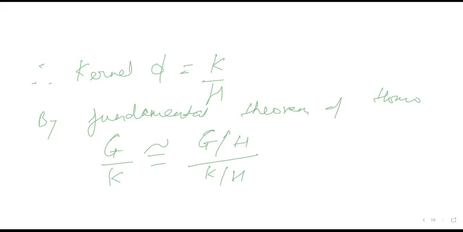And to apply it, you need to prove three things: it is well defined, it is onto, and it is a homomorphism. And then you have to find the kernel. That's it. 4 steps and you will get the answer.